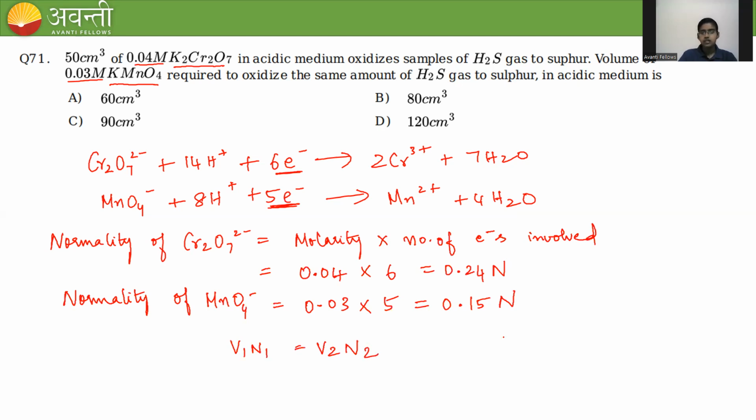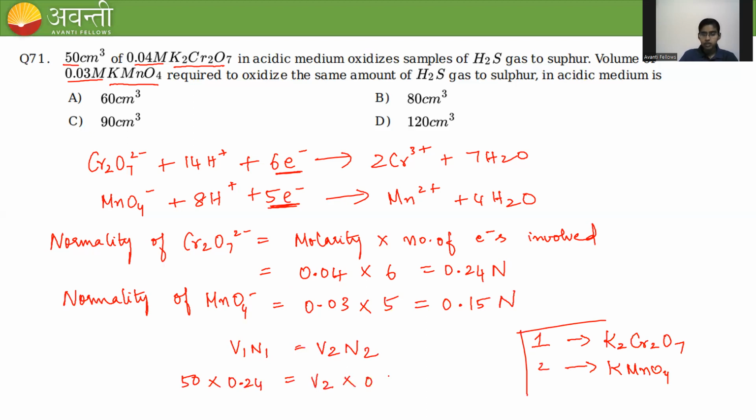So let me take component 1 as K2Cr2O7 and component 2 as KMnO4. Now what is the volume of K2Cr2O7? It is 50 centimeter cube, right? So that is the volume, and the normality is 0.2. And coming to the volume of KMnO4, that only we have to find out, and the normality is 0.15.